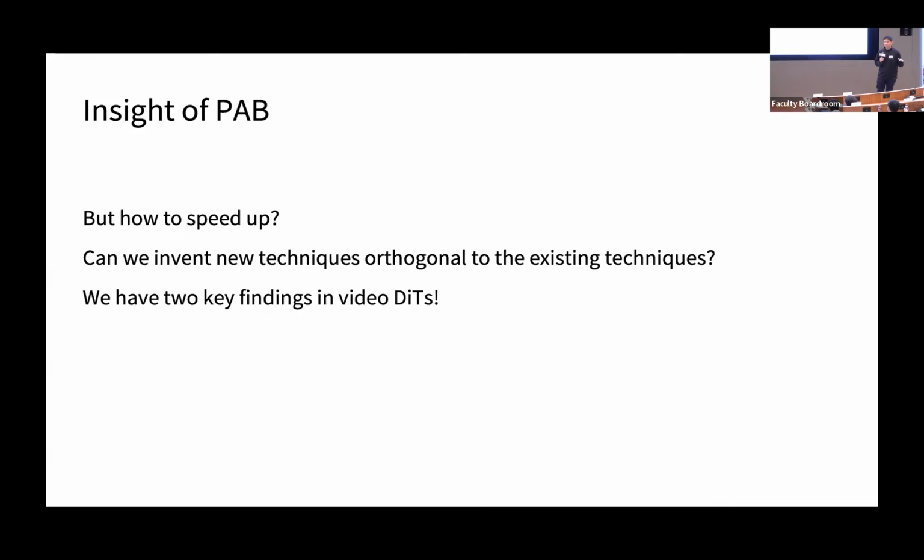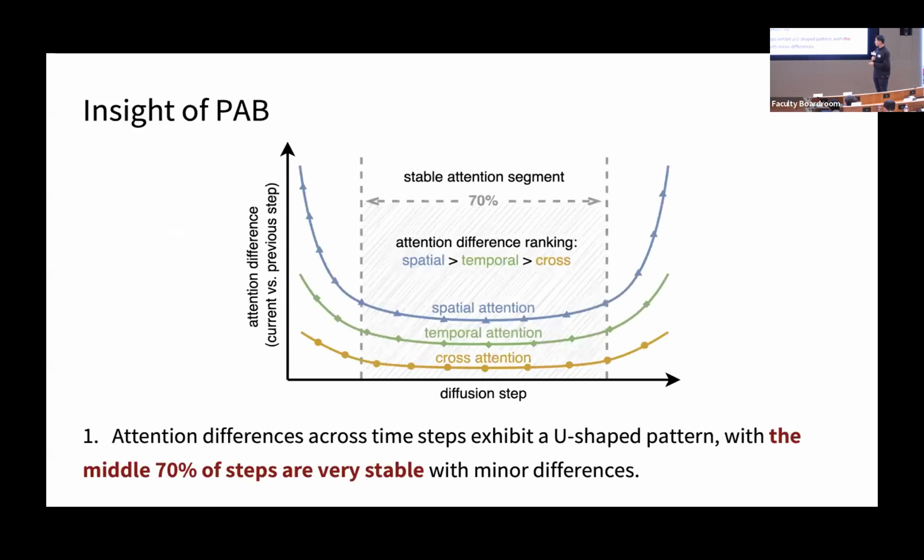And also there are tensor parallelism or data parallelism and many different kinds of parallelism tricks, right? So here, can we invent some new techniques orthogonal to the existing techniques, right? Can we furthermore make it faster, right? That's the idea.